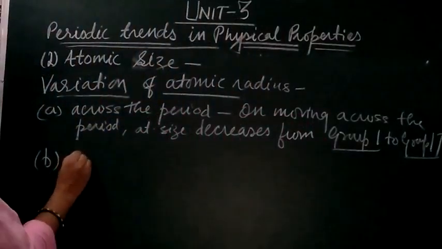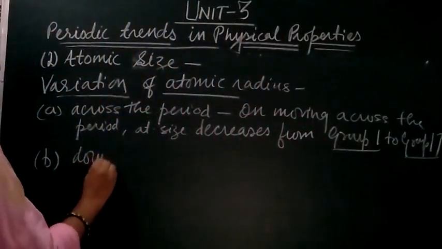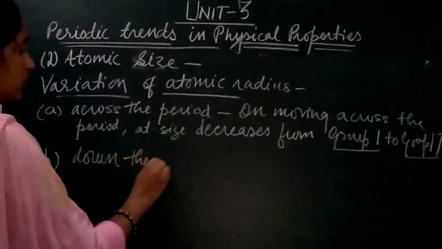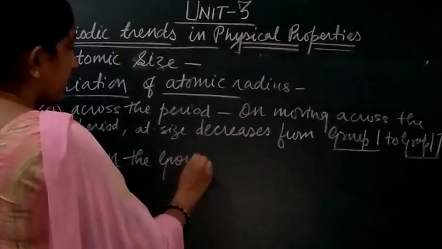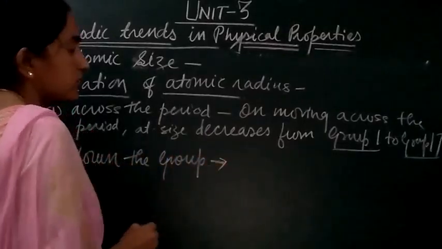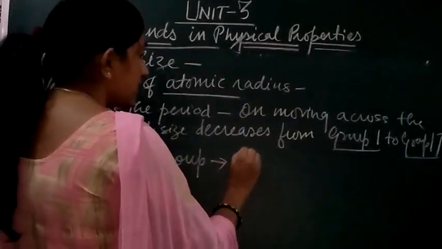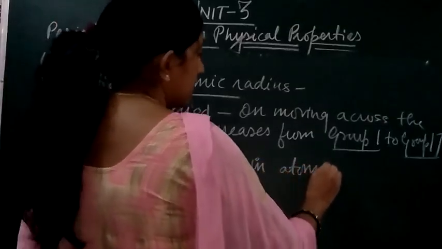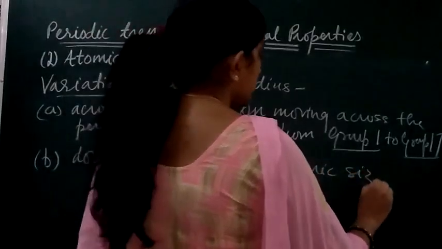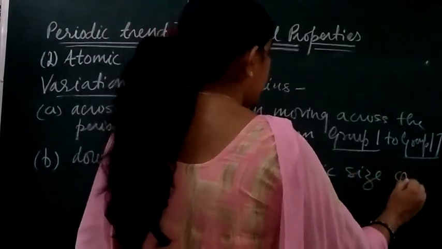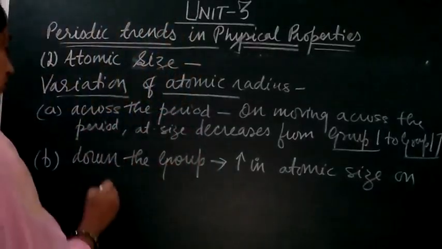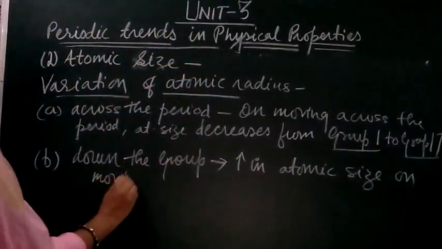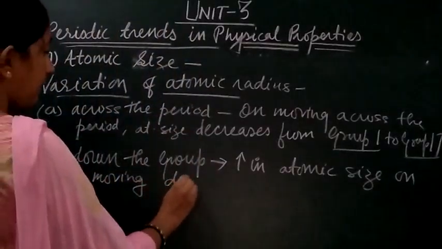Now next is down the group. When we move down the group, so what happens? There is increase in atomic size or radius on moving down the group.